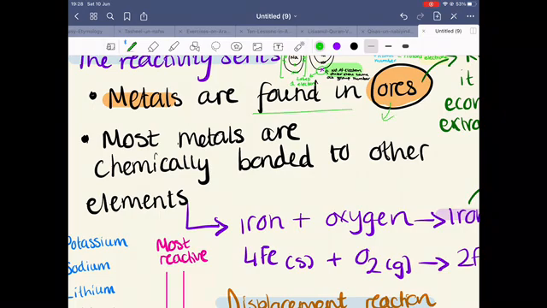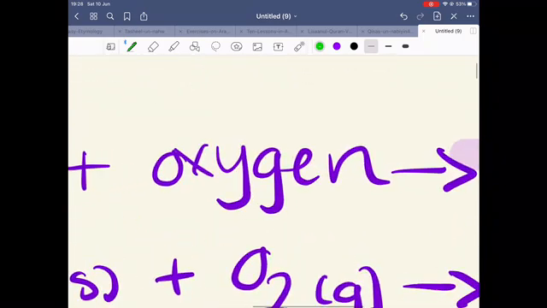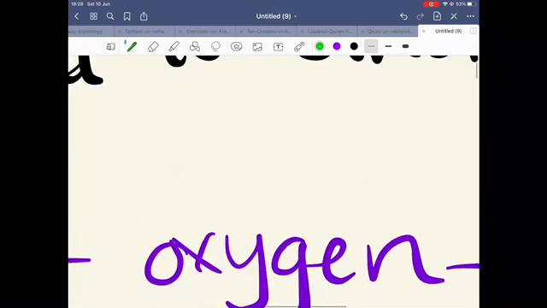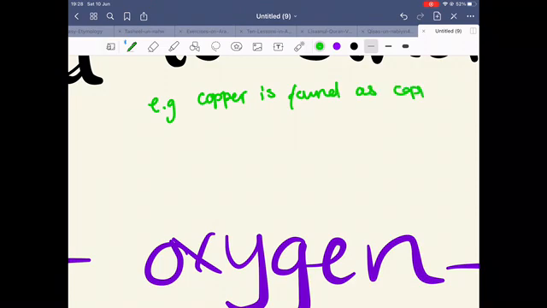Okay, moving on then to ores again. So ores, like we said, are found as metal oxides. So copper oxide, you can have zinc oxide, and there's some metals like gold and silver that are found as native, so uncombined, just because they're so unreactive.